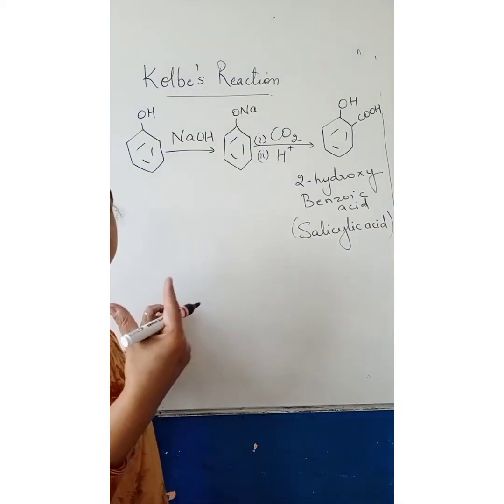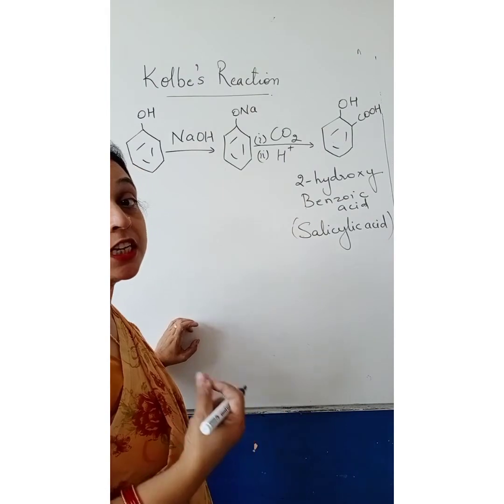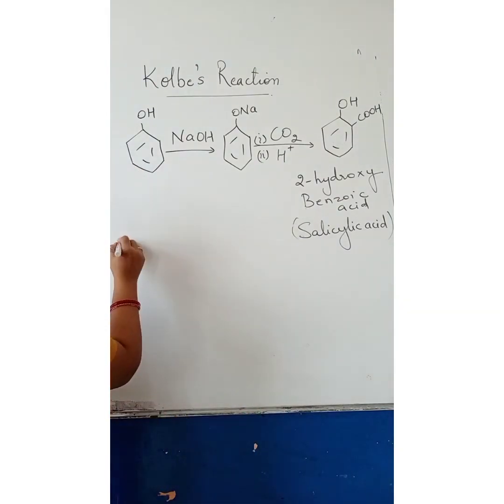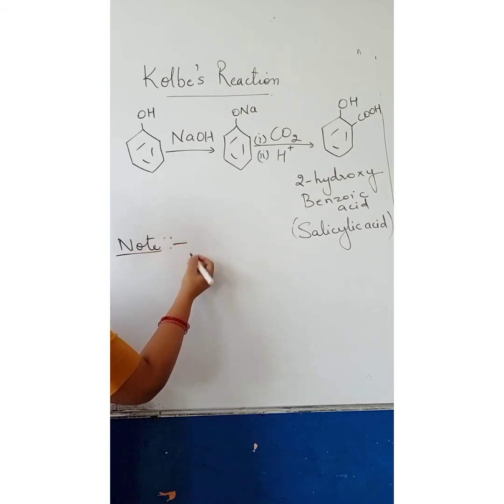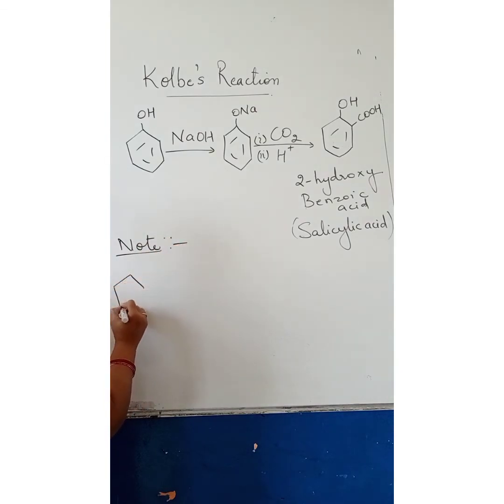You have been using Iodex, you might have noticed a typical smell. So just put a note here that from salicylic acid we can prepare aspirin. This is salicylic acid, which contains 2 functional groups, OH and COOH.